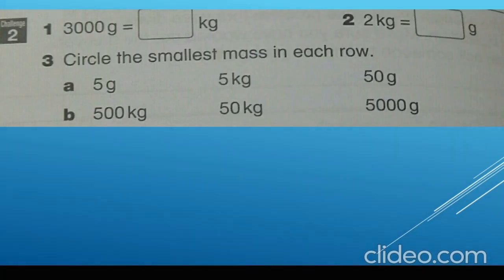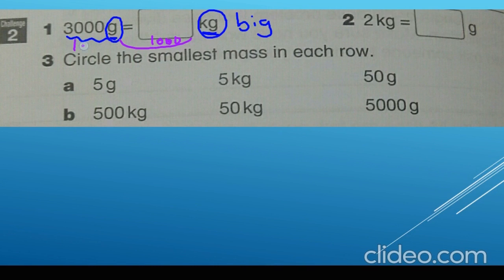Now, start with challenge 2. 1. We want to transfer from 3,000 gram to kilogram. That means we will transfer from the small unit to a big unit. That means we will do what? Divide. We will divide over 1,000. 3,000 divided over 1,000 equals 3 kilogram.